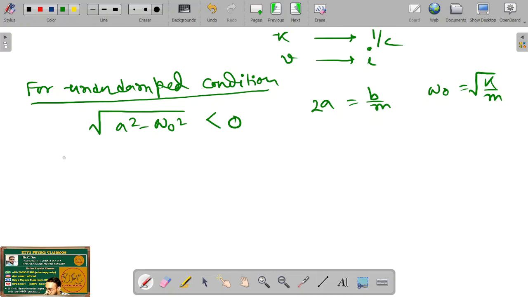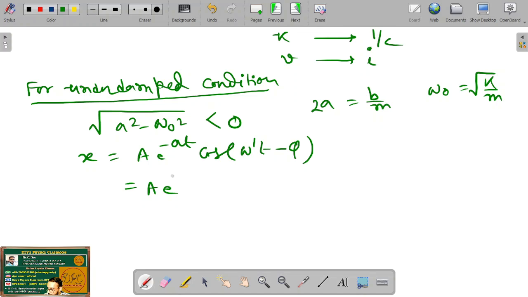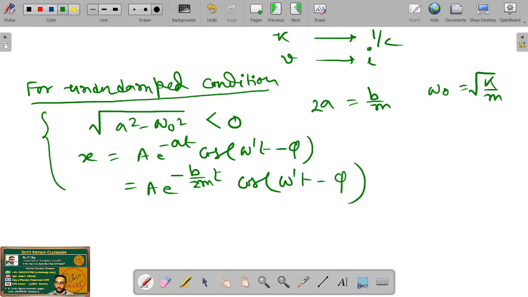And the solution for the displacement for the damped vibration, that is x equals a e to the power minus at cos of omega prime t minus phi, or a e to the power minus b by 2m into t into cos of omega prime t minus phi. All these expressions for the underdamping vibration have been discussed in my previous video for damped vibration.